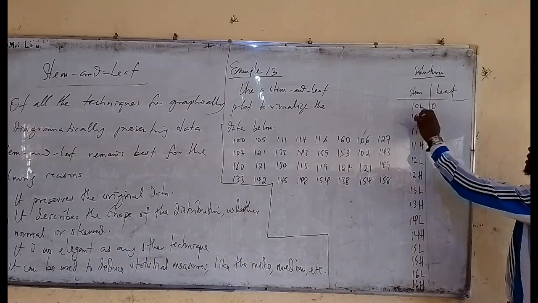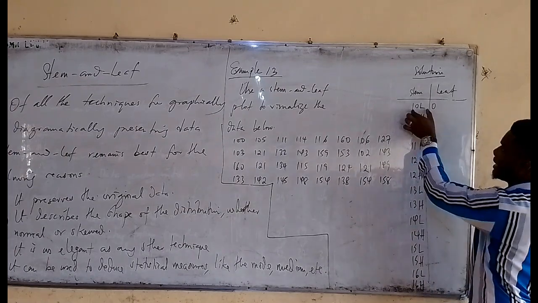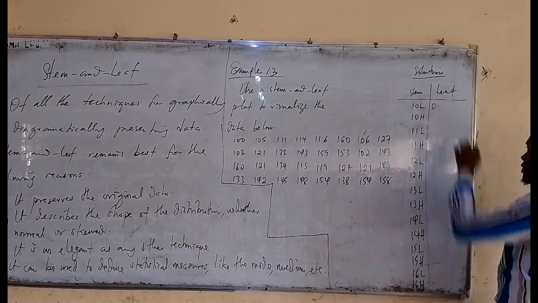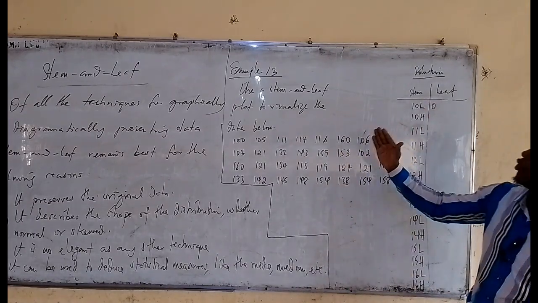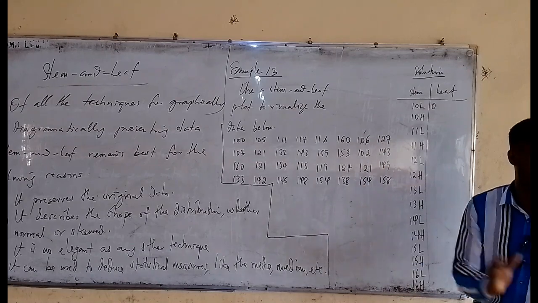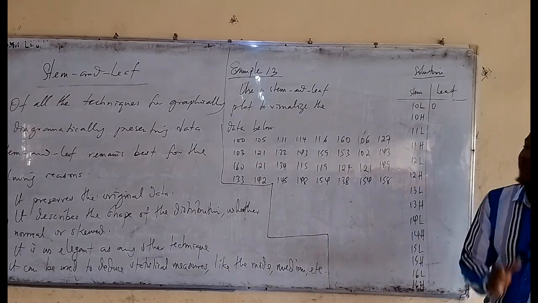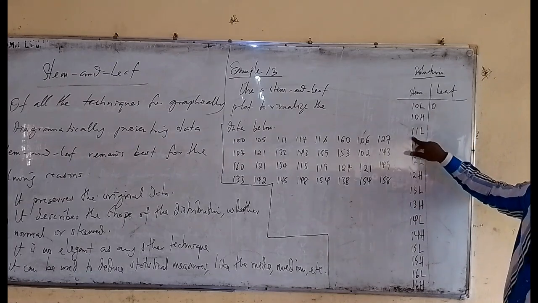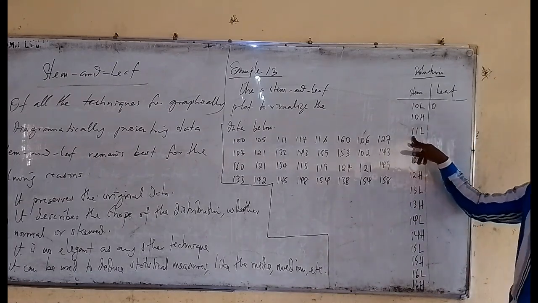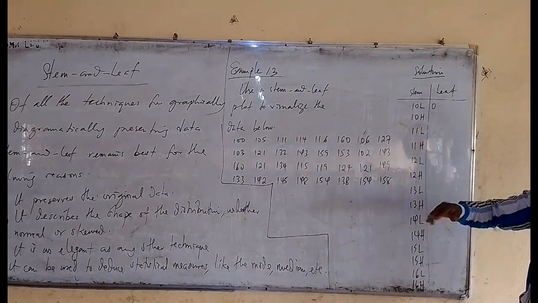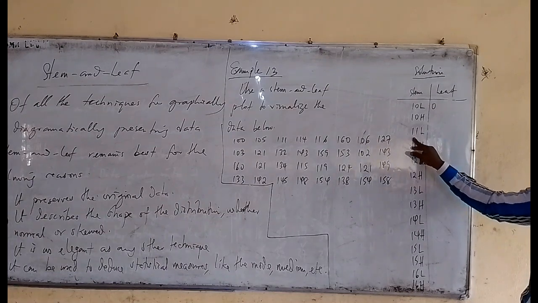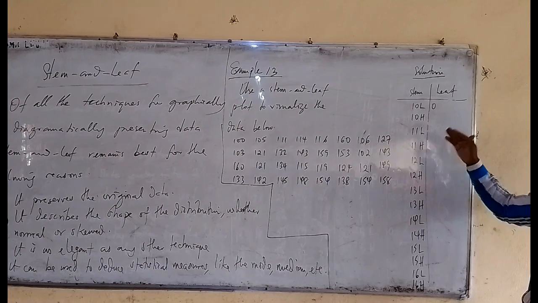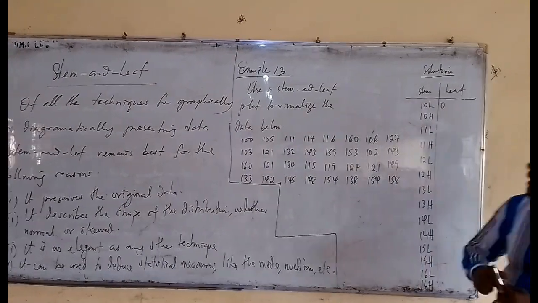So 10 low is me taking the first two digits out of 100 and then 0. So from 100 to 104 will be a low. From 105 to 109 will be a high on that level. Then on this one, 11 low, every value from 110 to 114 will be a low. 115 to 119 will be a high. So let's start.